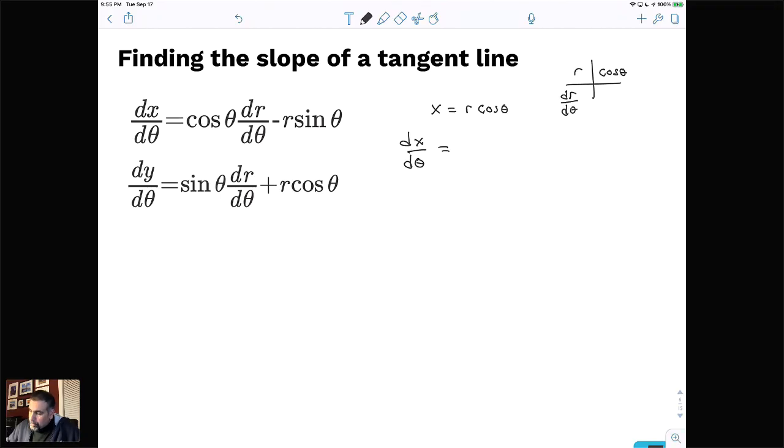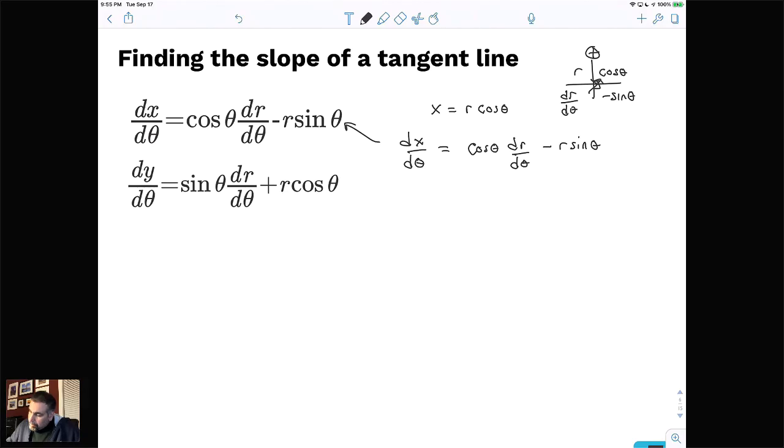With respect to theta, the derivative of cosine theta would be negative sine theta. And now to put those together, we would go this direction, which would be cosine theta, dr over d theta, and then plus the other direction, which in this case would be negative r sine theta. And if you look closely, that is precisely the formula that I was given for dx over d theta.